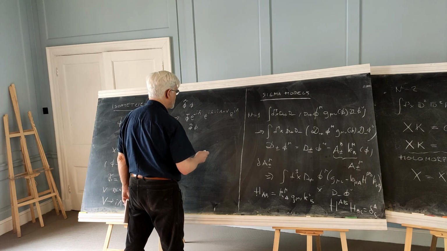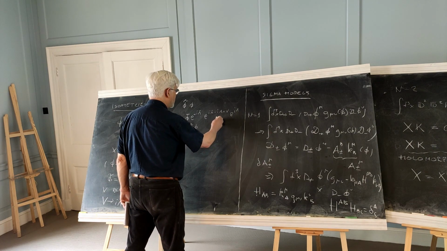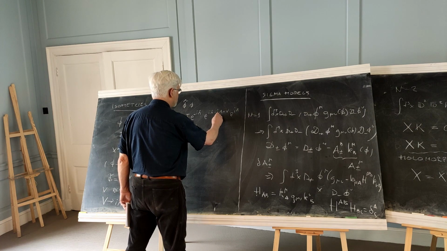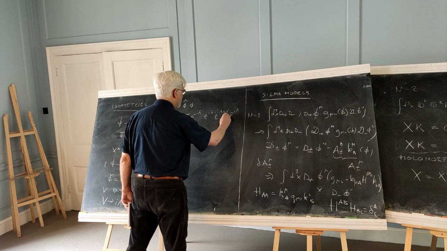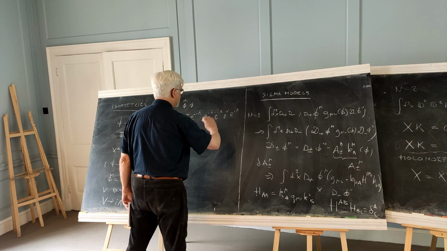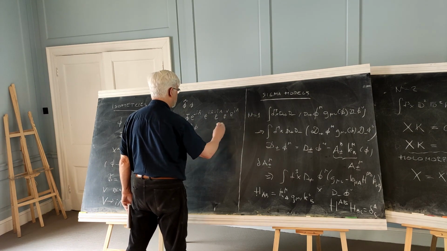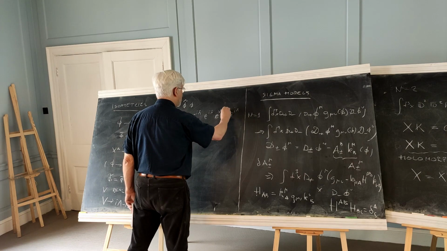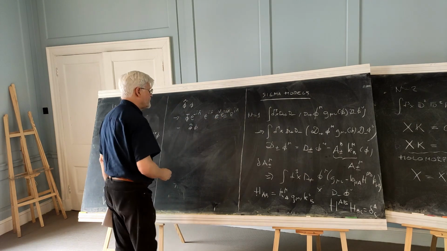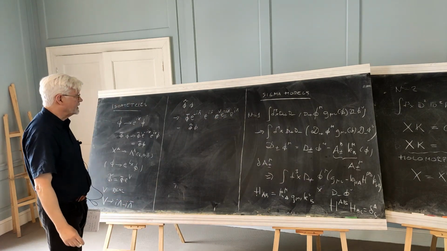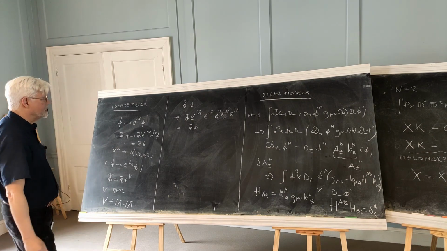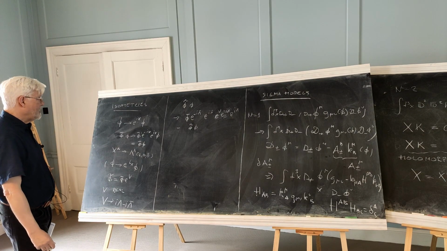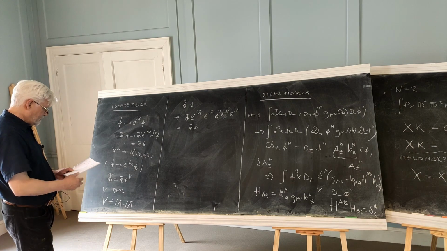So maybe a better way of writing it would be to put e to the V in the middle. Yes, exactly. Right, the other way around: e to the V, e to the minus i lambda. This is the correct way of writing it, and so make sure it works in all cases. Thank you.